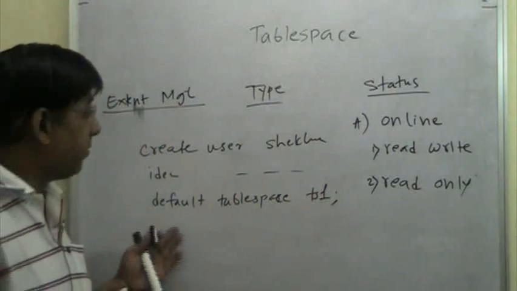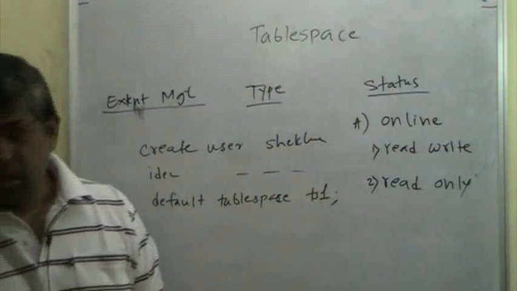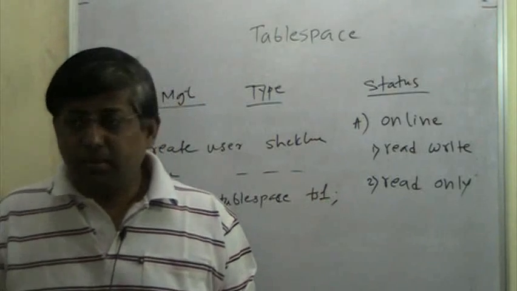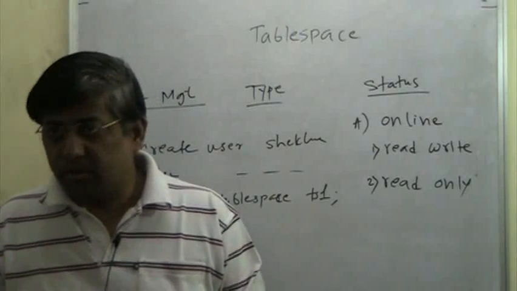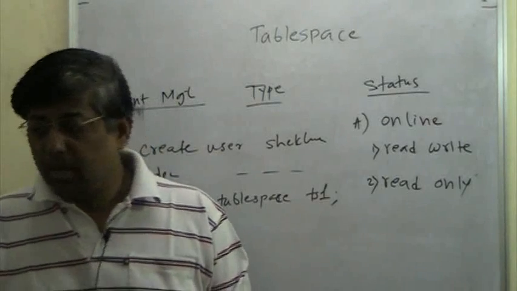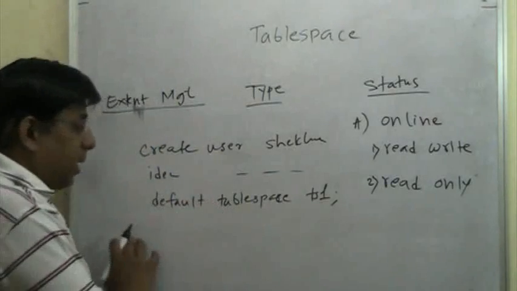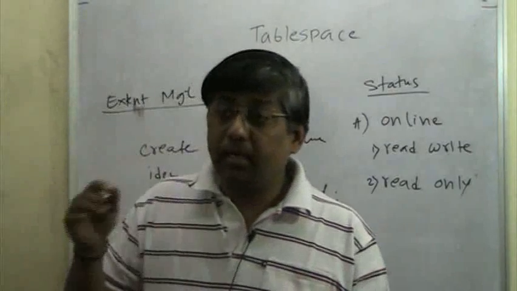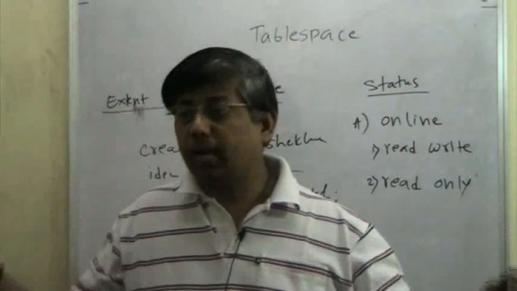So when I don't specify a temporary tablespace for this user shaker, what happens when he types an order by clause? What happens when he has to create some temporary tablespaces in his PL/SQL programs? He will be given a temporary tablespace which is called the default temporary tablespace of the database.